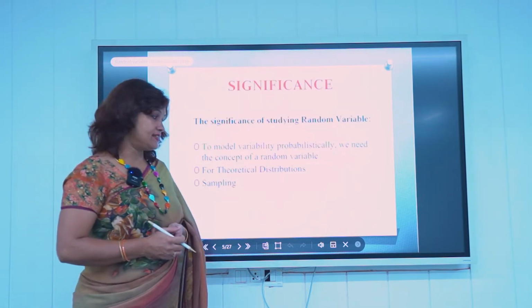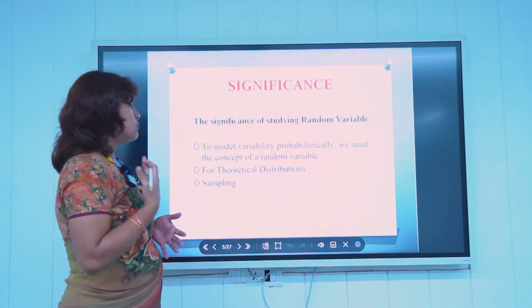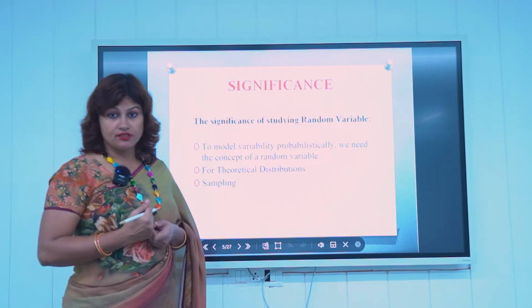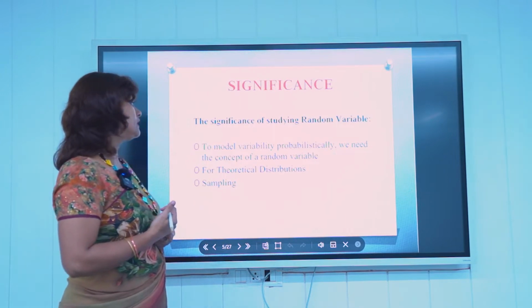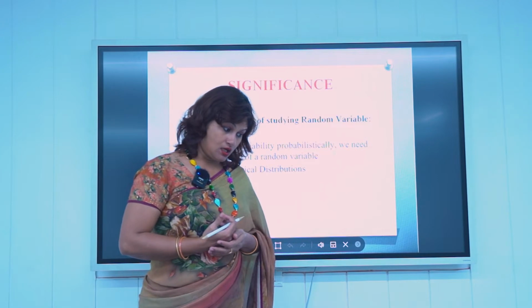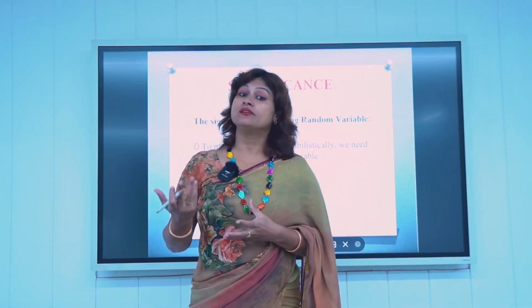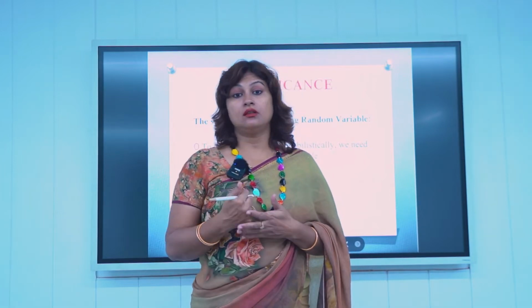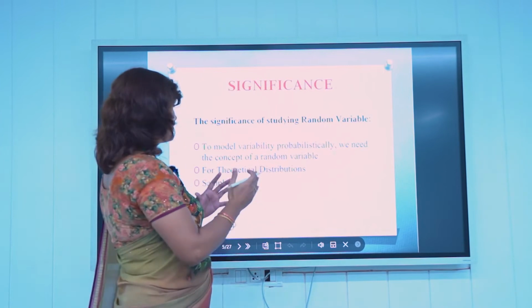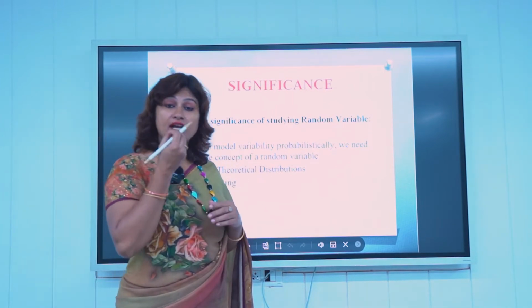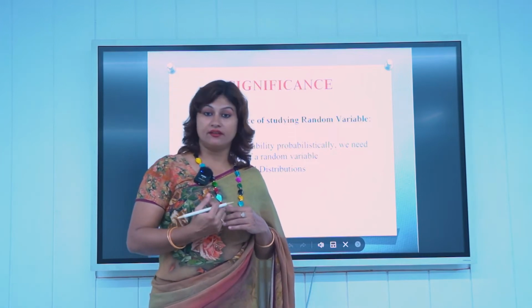What is the significance? To model variability probabilistically, we need the concept of a random variable. Secondly, for the theoretical distributions, like binomial distribution, Poisson distribution, and the normal distribution, during the process of calculating, we actually need the concept of random variable.